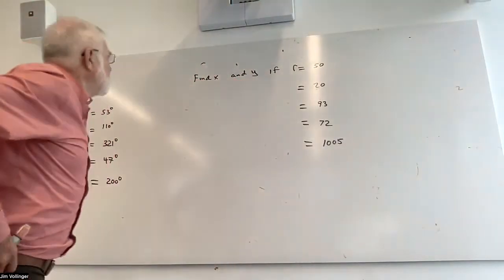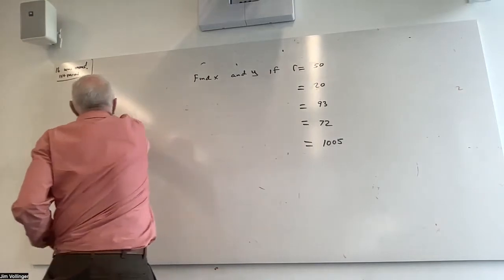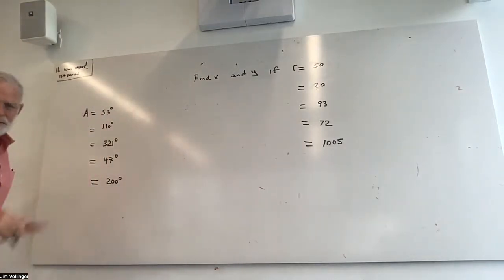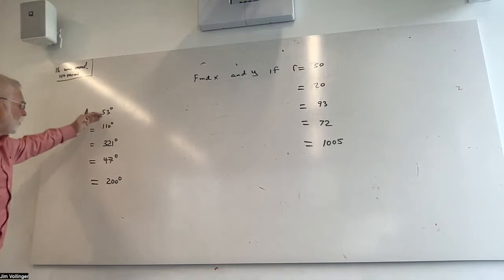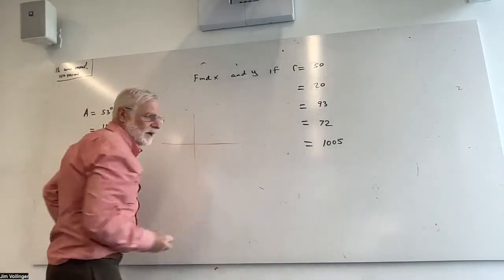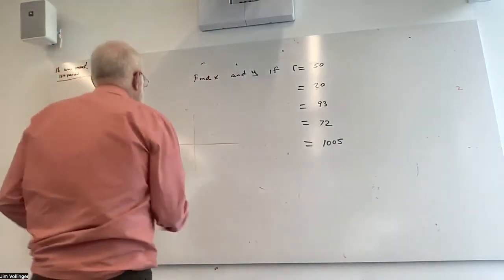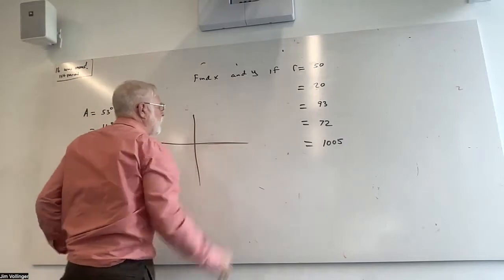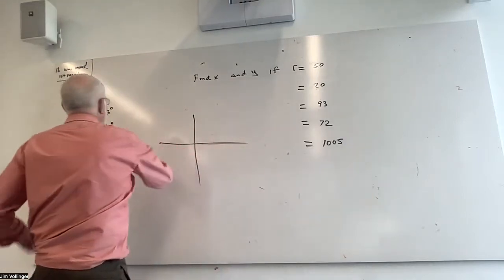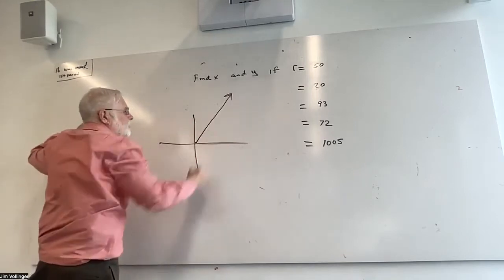All right, so I'd like you to draw angle A. You see everything here? Yep, so angle A is always going to be at the origin. I'm giving you a 53-degree angle, so something like that, pointing off in that direction.